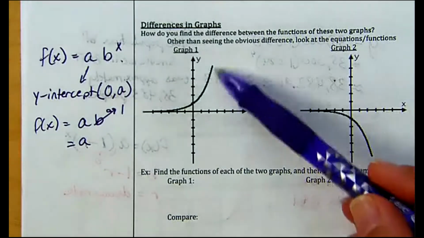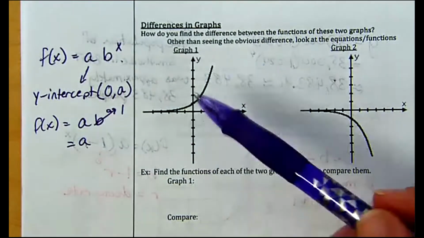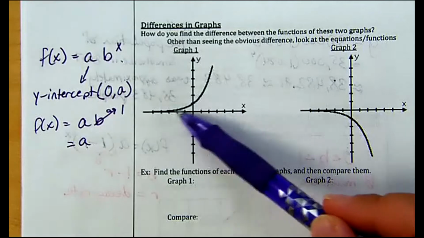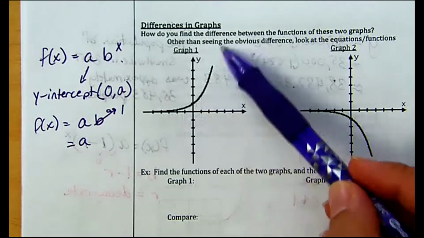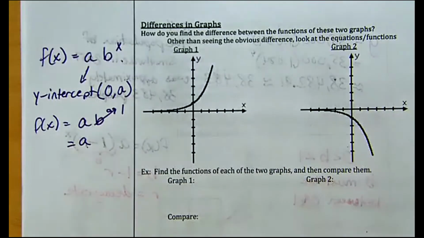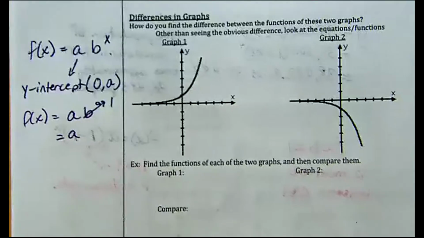So when we take a look at these graphs here, we can see this is an exponential. Is it growth or decay? What are we seeing there? Is that a growth or decay?